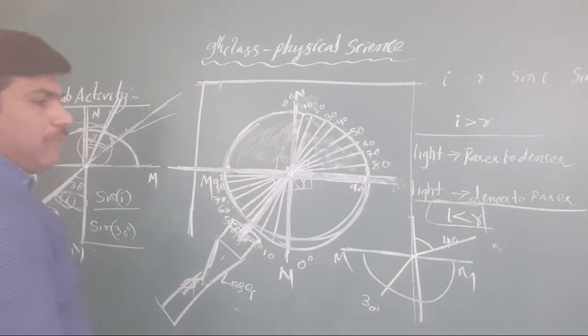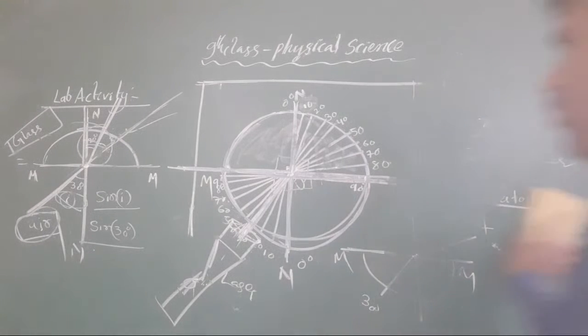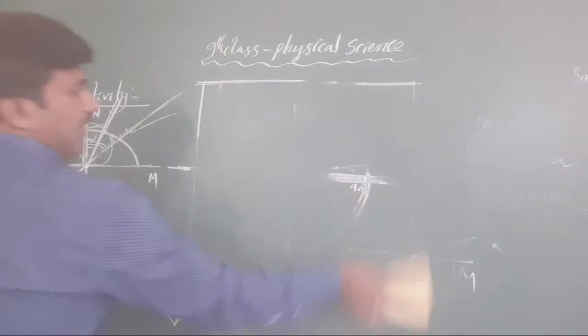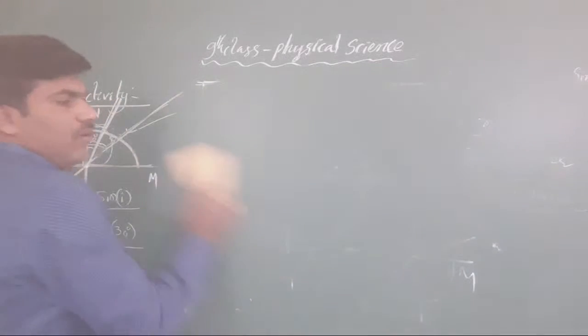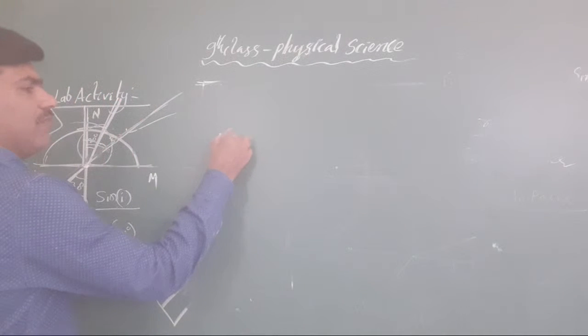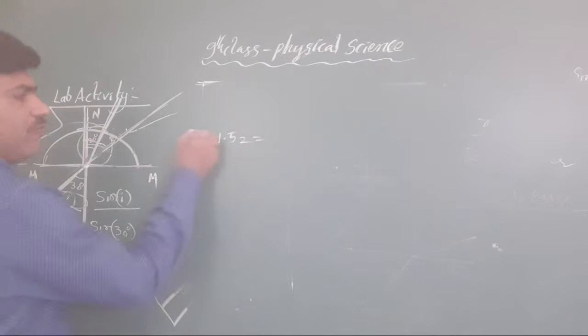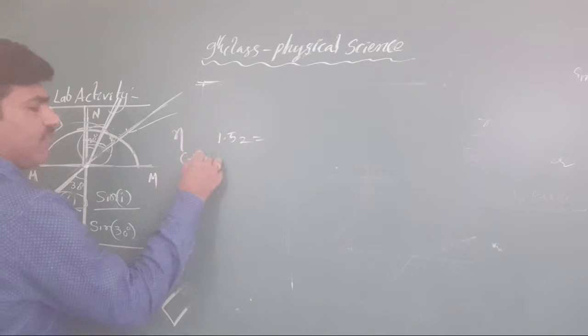Now you know very well from our table what the crown glass refractive index is. It may be 1.52. Clear or not, all of you? This is the refractive index of crown glass.